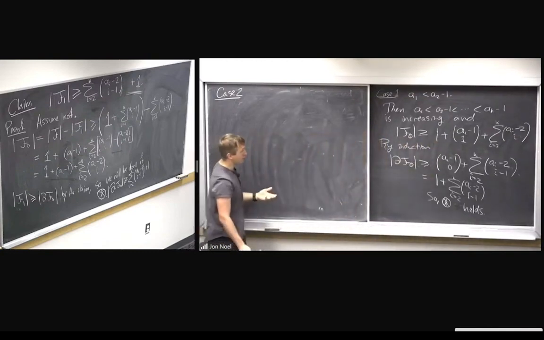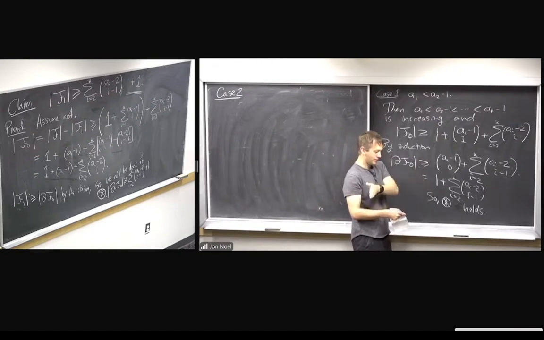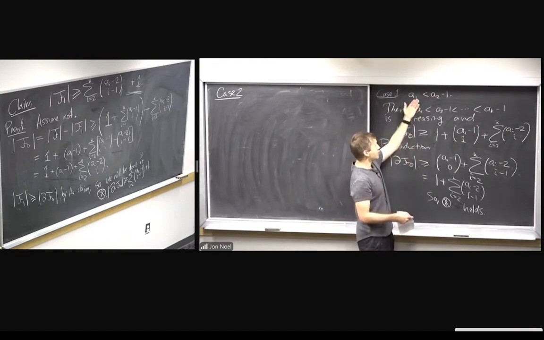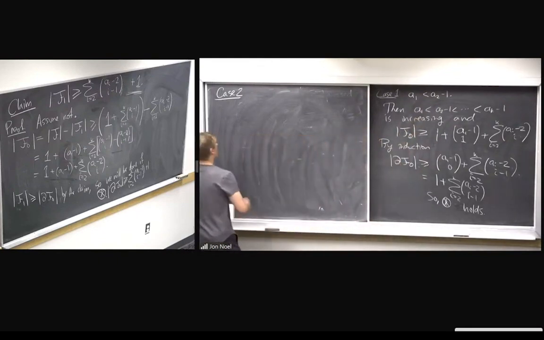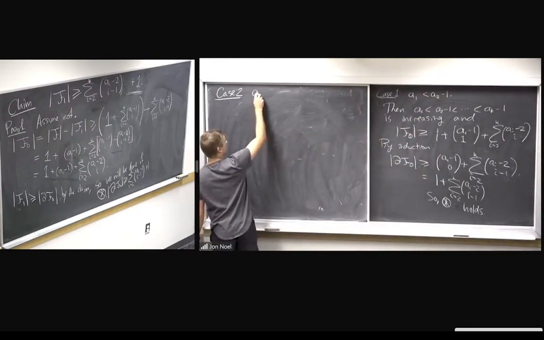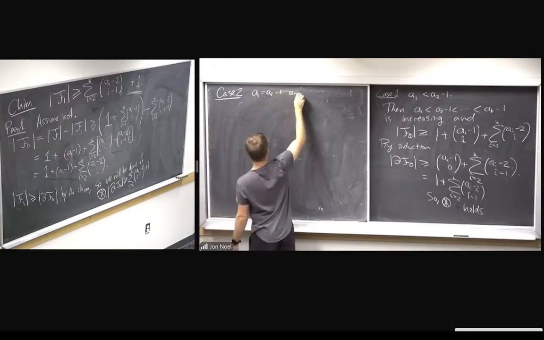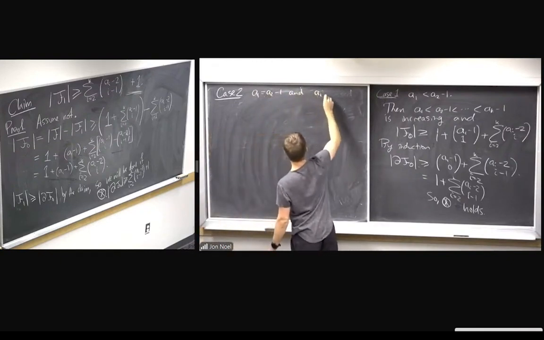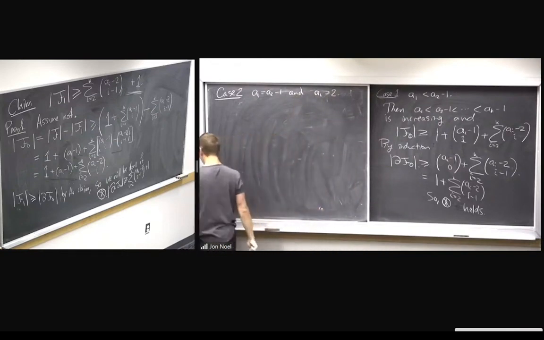The thing is, though, we know that the sequence A1, A2 is increasing. A1 could be equal to A2 minus 1. So case 2 is when A1 equals A2 minus 1, and A1 is at least 2. And there's one case after that where A1 is 1.